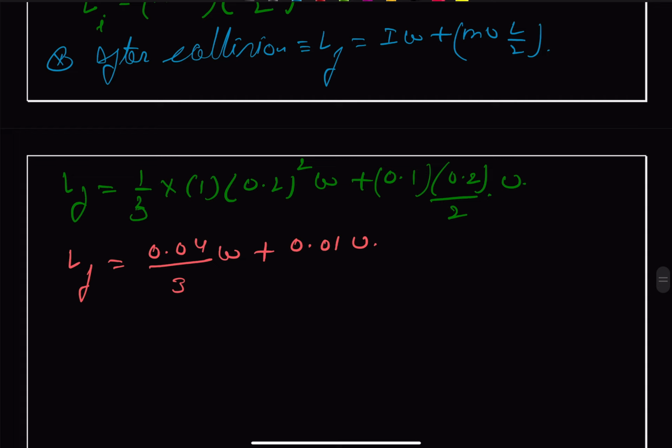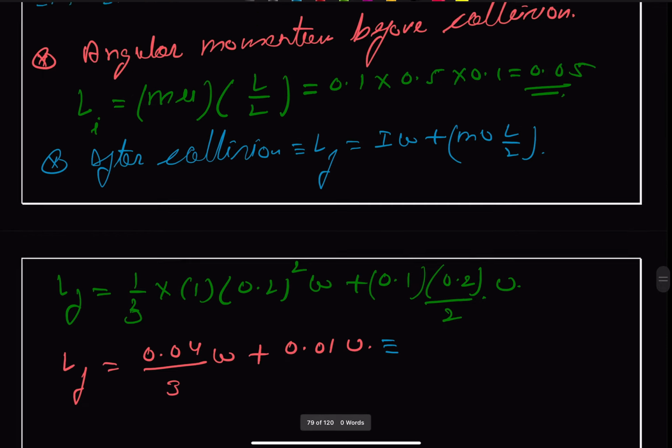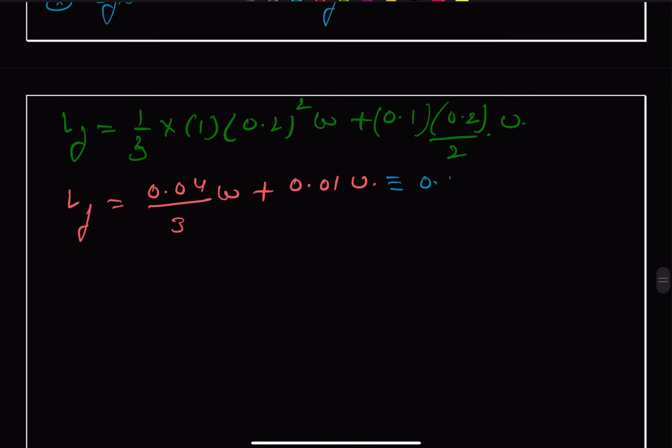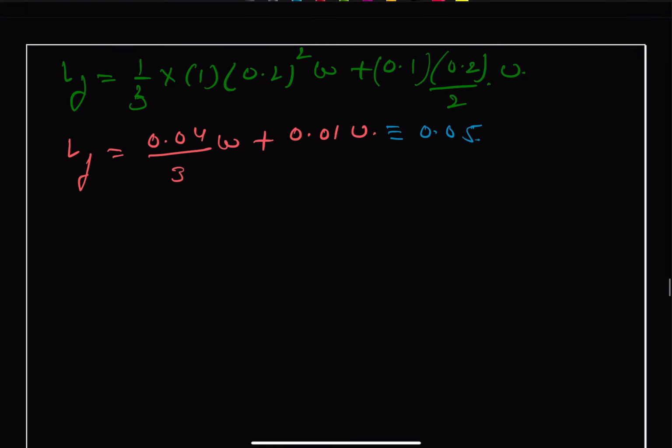So we get this will be equal to 0.05, and we can write 0.0133 omega plus 0.01 v is equal to 0.05.